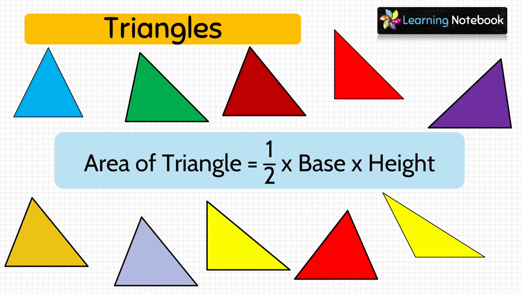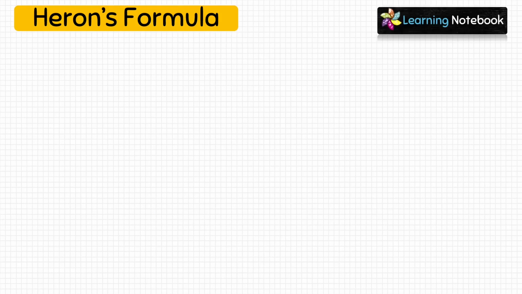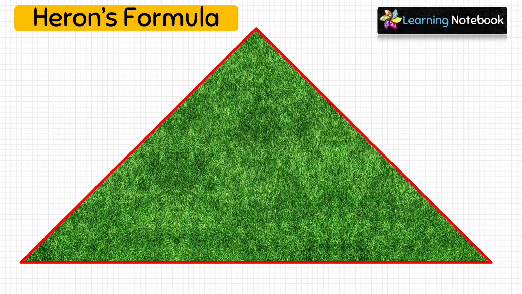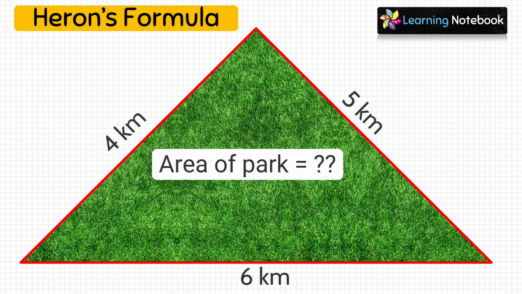But in certain situations, it is very difficult to measure the height of the triangle. So let's consider such situations. Suppose there is a huge triangular park and we know only the length of each side of this park. Let's say 4 kilometers, 5 kilometers and 6 kilometers. Now, is there any way to find the area of this park?